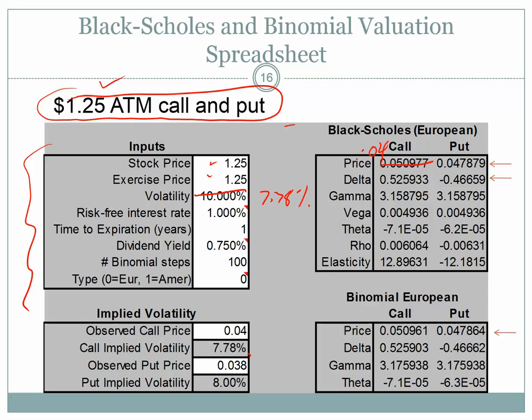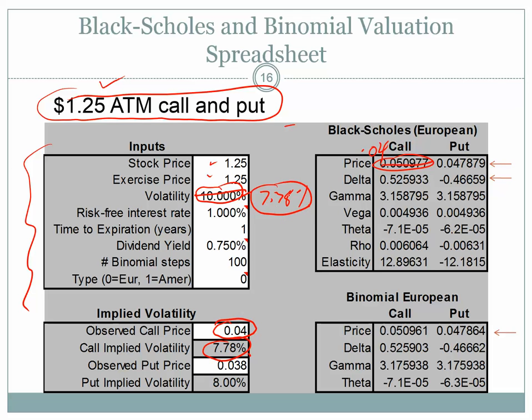So an interpretation of this is no one really knows what the expected volatility of the option is. Now I can guess volatility based on, say, historical volatility, and it says that the option should be trading at 5 cents. But if I observe it's at 4 cents, maybe the market is really guessing the volatility is 7.78.